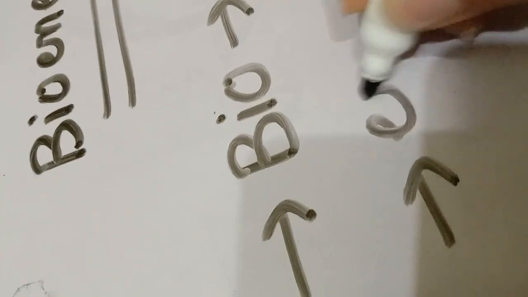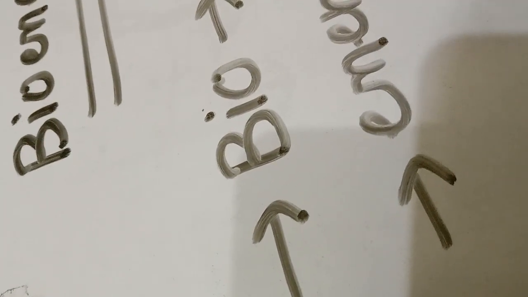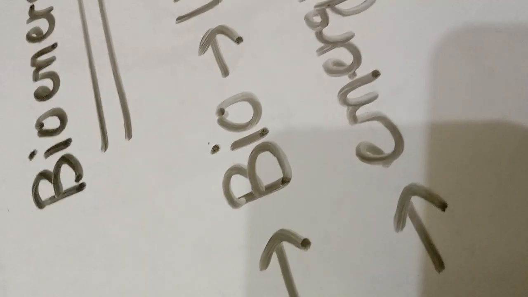Bio means life, and energetics means energy. So it is a process in which light energy is captured and converted into another form. Or we can also say that bioenergetics is the transfer and the utilization of energy. These are the two definitions.